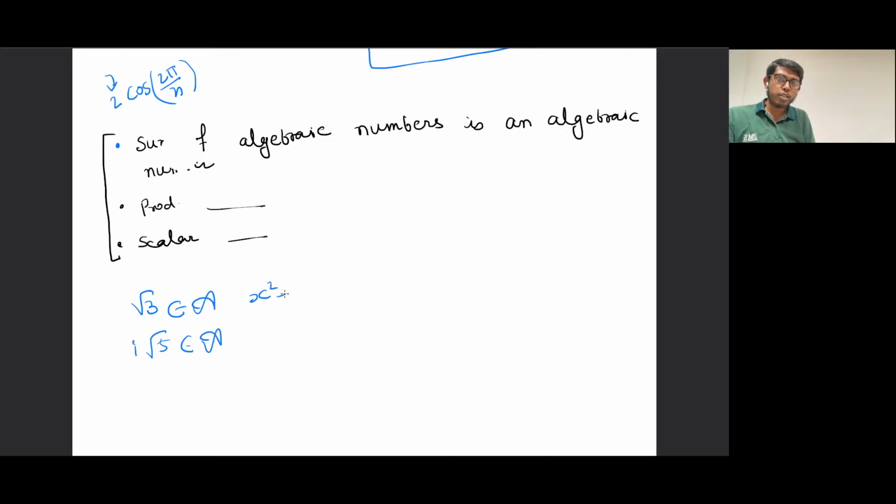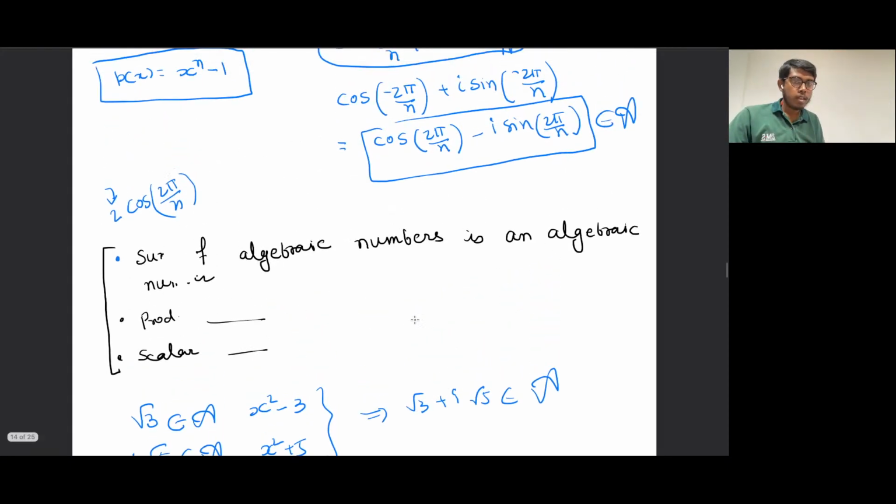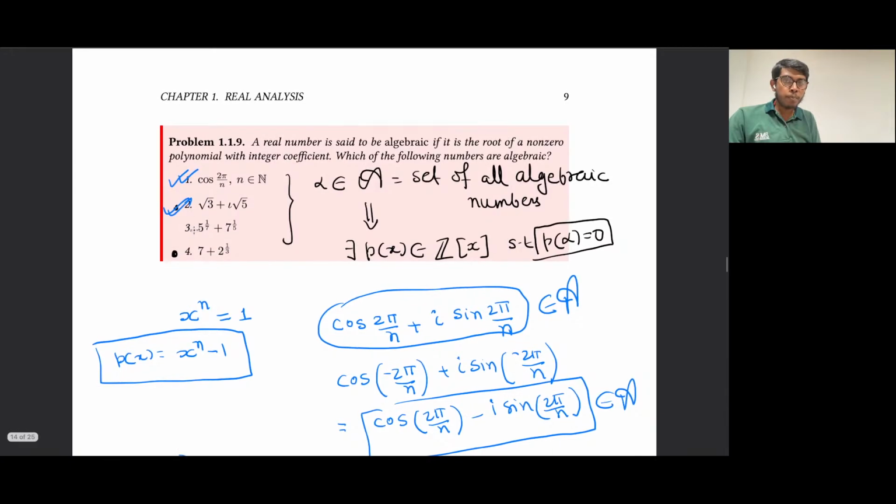This is because of x² − 3 and x² + 5. Therefore √3 + i√5 is an algebraic number. For the next one, 5^(1/7) is an algebraic number because you can just consider x⁷ − 5, and similarly for the others, x⁵ − 7, and x³ − 2. Hence, all of these four are algebraic numbers.